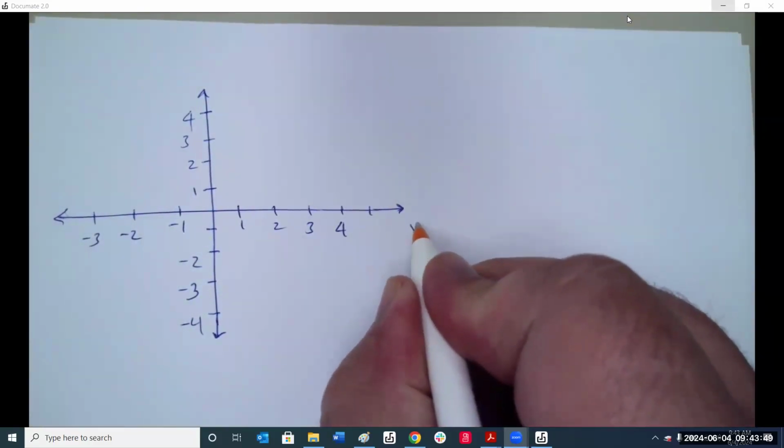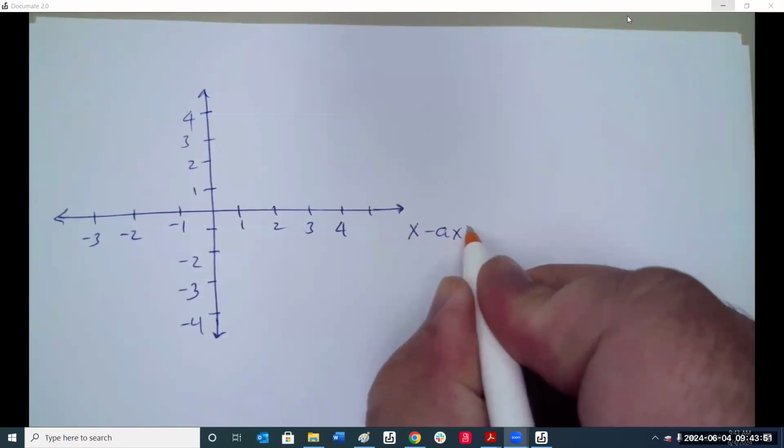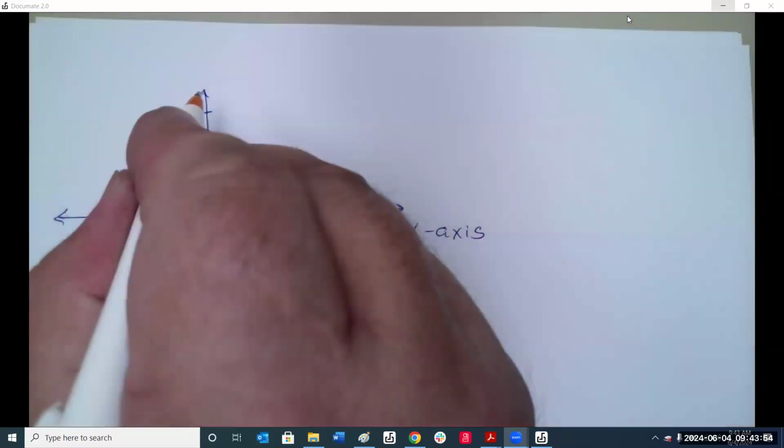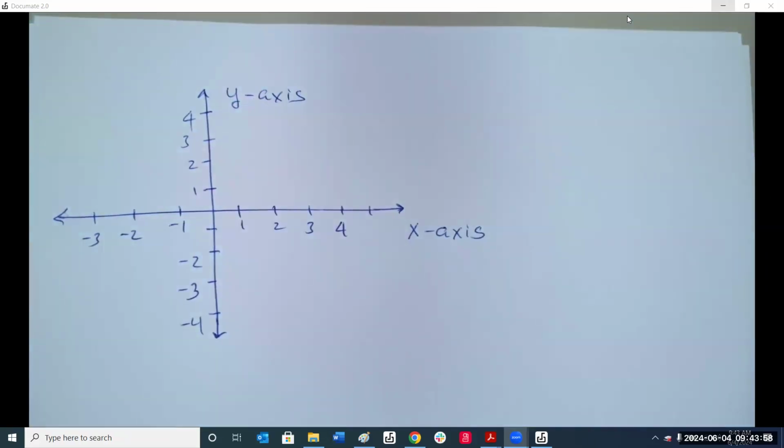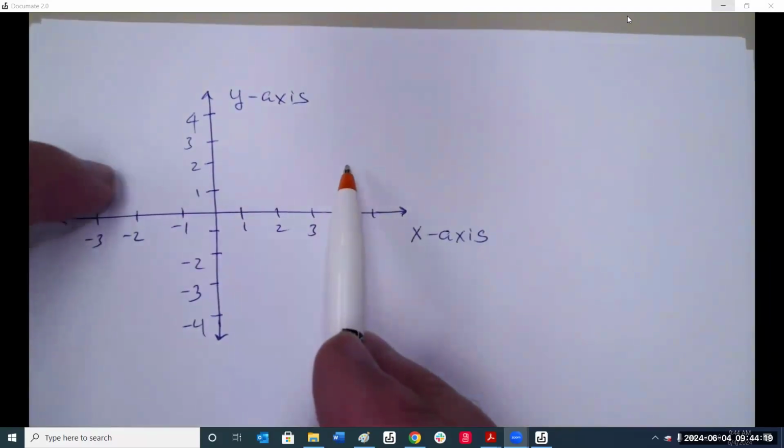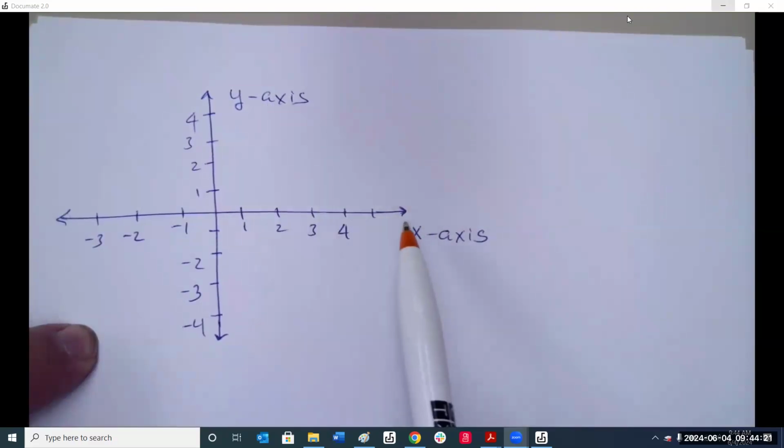He defined this as the x-axis and this one as the y-axis. They have names. Anybody know their names? That's these parts, right? But X and Y axis, they have names.